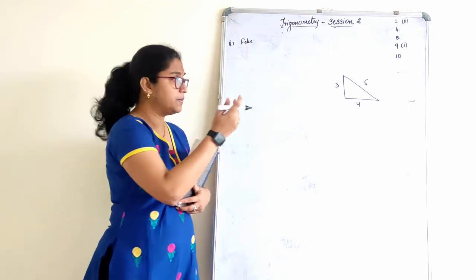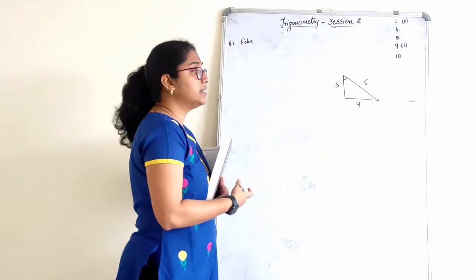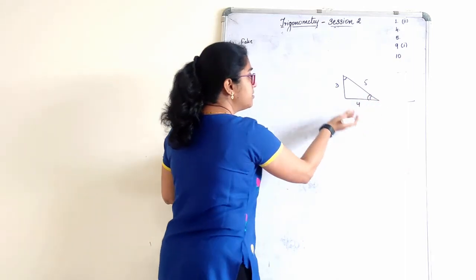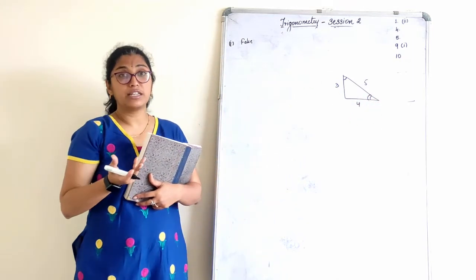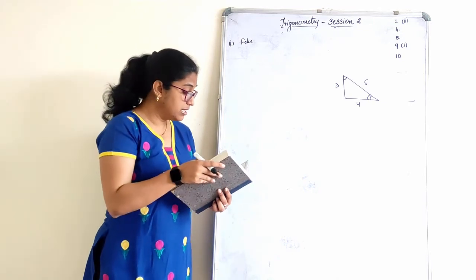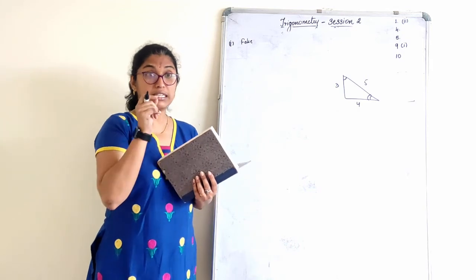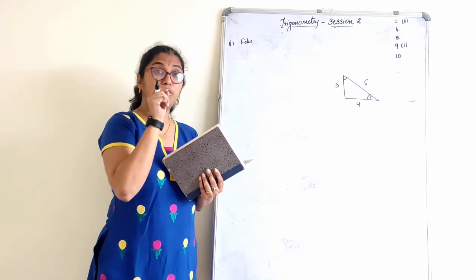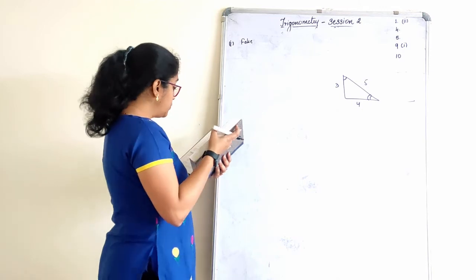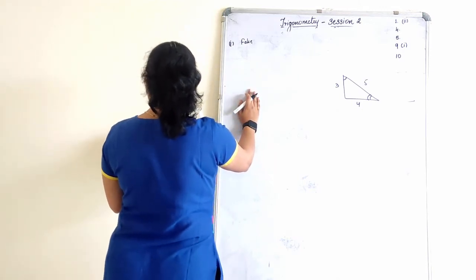Just take one example. If this is my opposite, then this is 4 by 3. In case this is opposite, then it is 3 by 4. It can be greater, it can be less, but according to them it is always less than 1. So it is false, right? So the reason as I have discussed, I am going to send that. Next one, sec A is equal to 12 by 5 for some value of angle A.